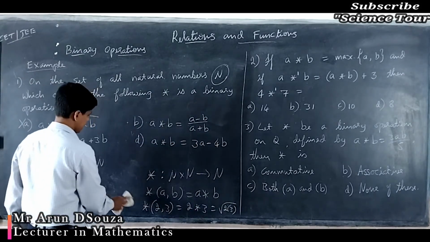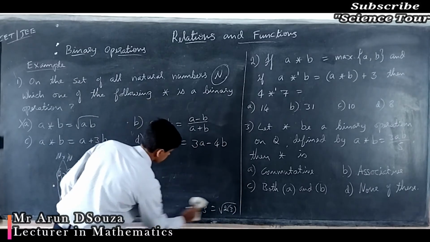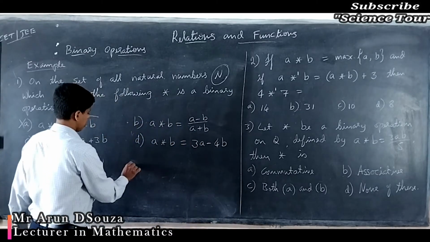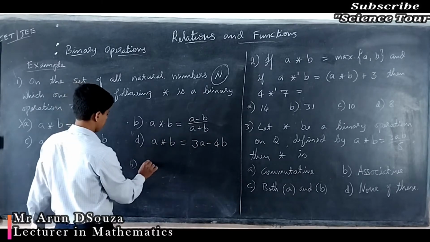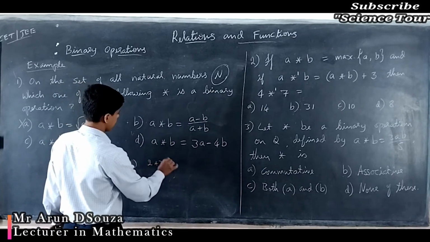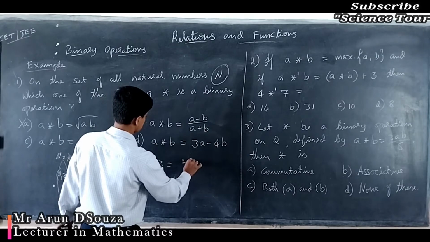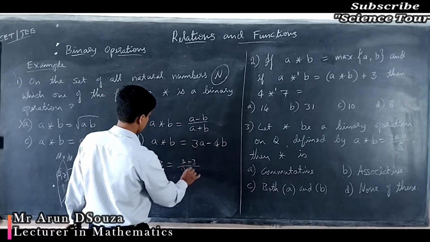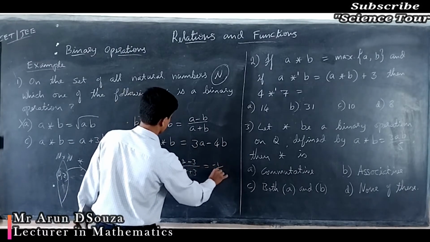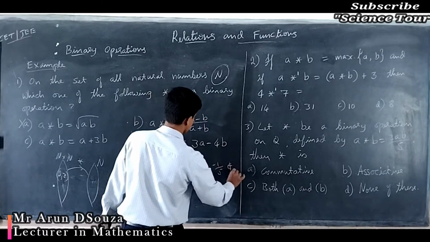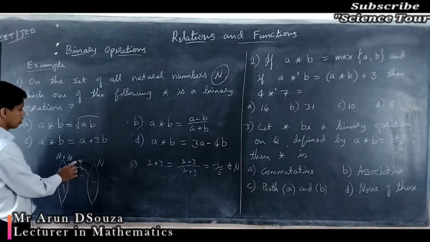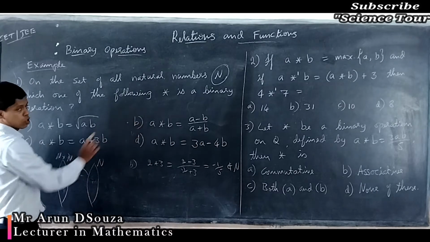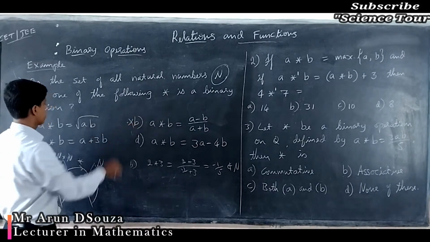If you are going for the second option, then let's take the example of 2 star 3 itself. Then that will be 2 minus 3 divided by 2 plus 3, which is minus 1 by 5. So that also does not belong to natural numbers. So minus 1 by 5 is also not there. If you are going for the second option, that is also not a binary operation.